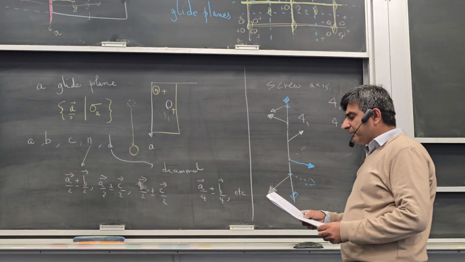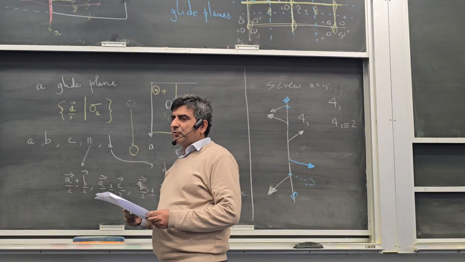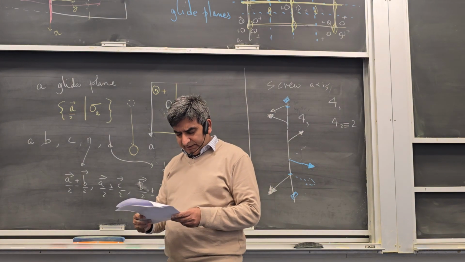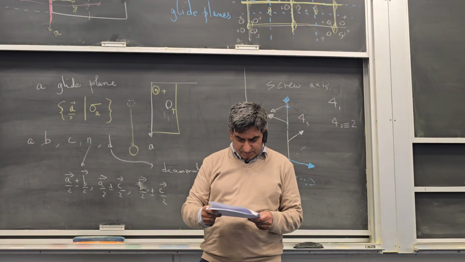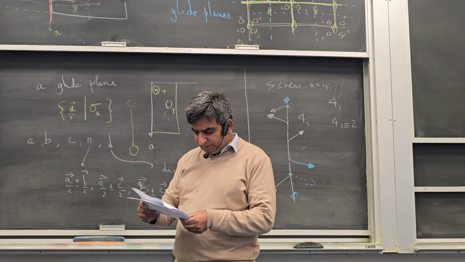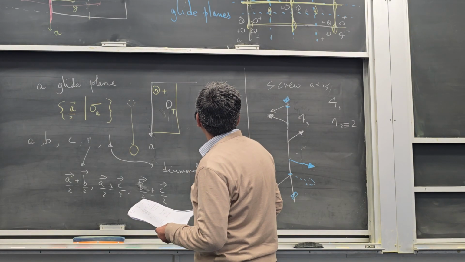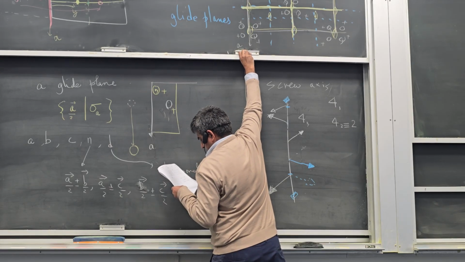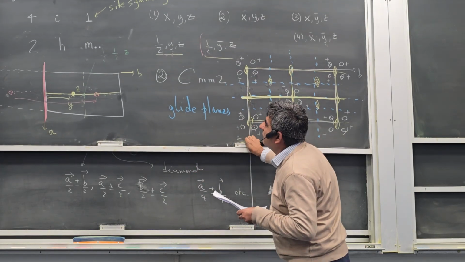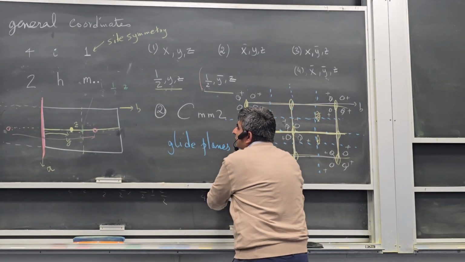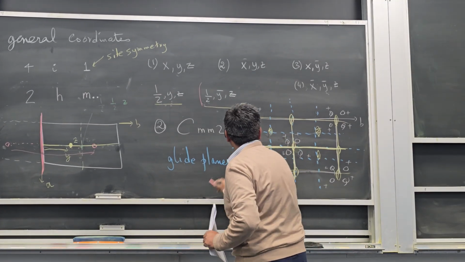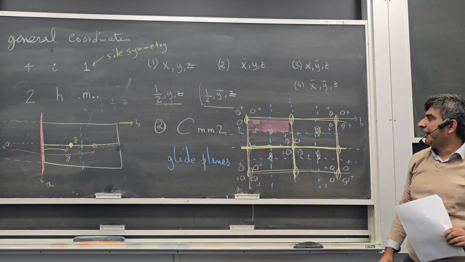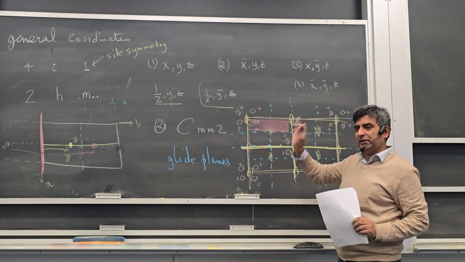Now, if you look at the Cmm2 space group, which is a symmorphic space group, you can immediately see the origin on mm2, and you can find out what the symmetric unit is. Notice that the symmetric unit for this particular case is now not 1/4 of the unit cell, it's just this part. x is less than 1/4, y is less than half, and all of these.